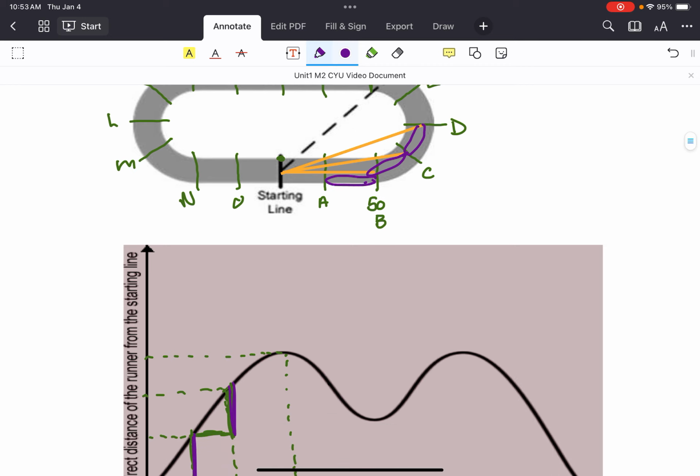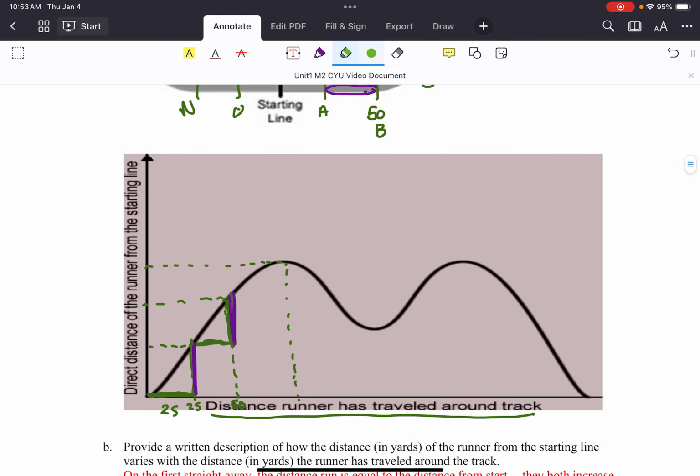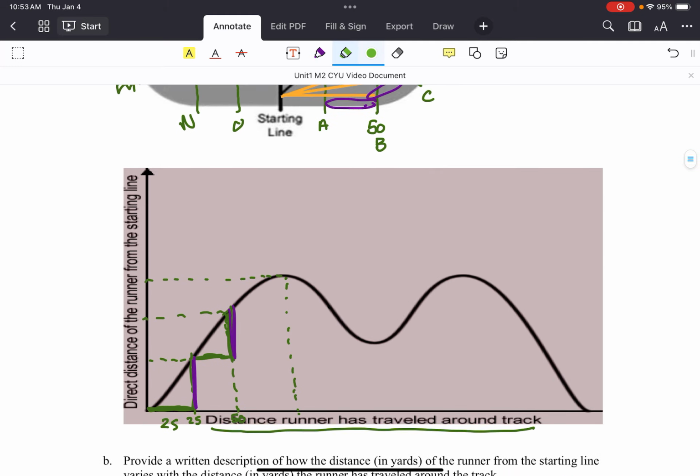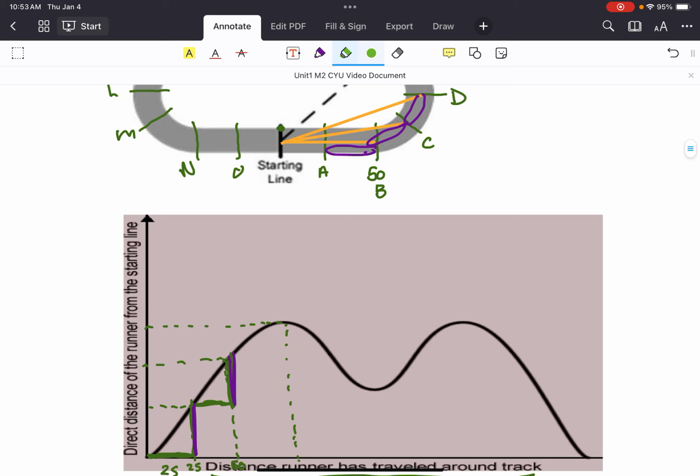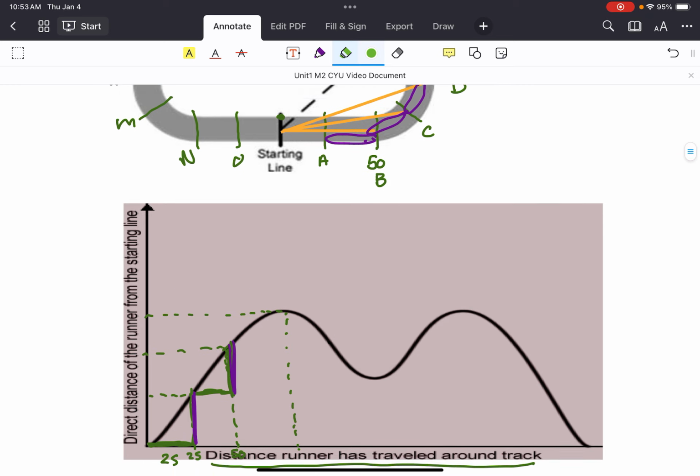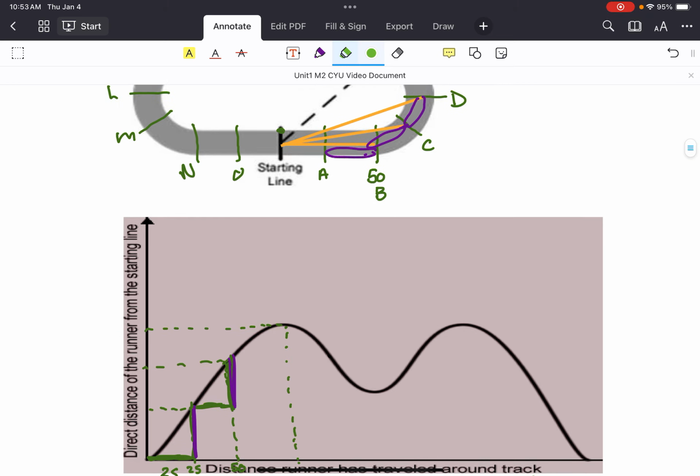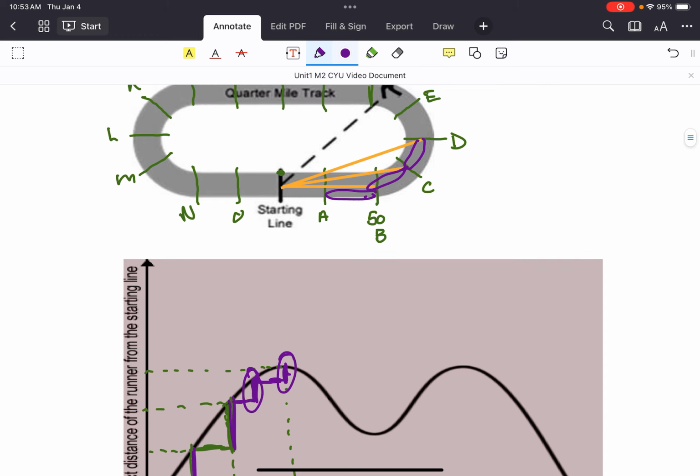So it's starting to increase, but by less and less each time. And so yes, the distance the runner is running is still 50 meters, but now the distance from the start is increasing by a little less for each of those 25 meter intervals. So that distance increased here is smaller and smaller till we hit this point D here.